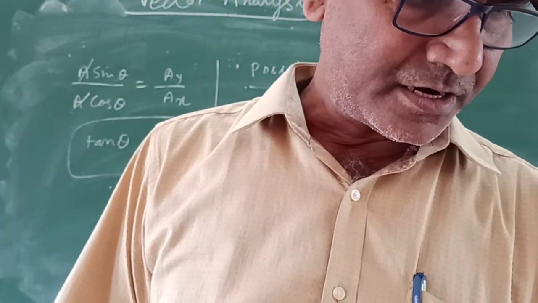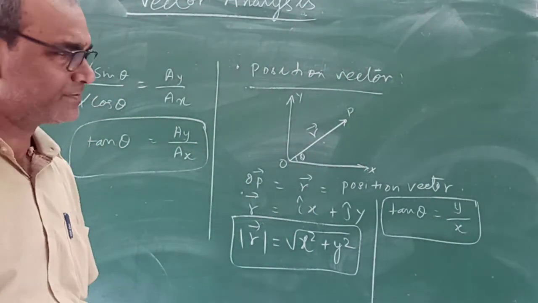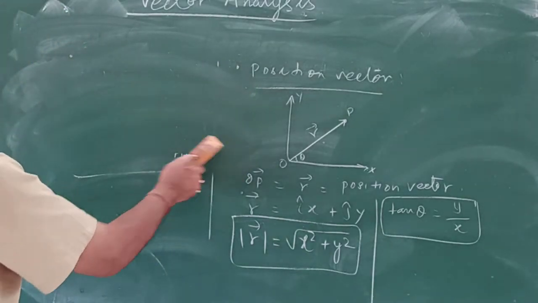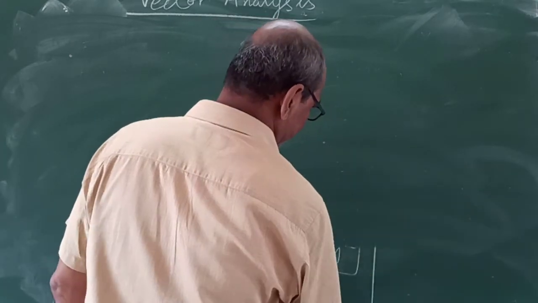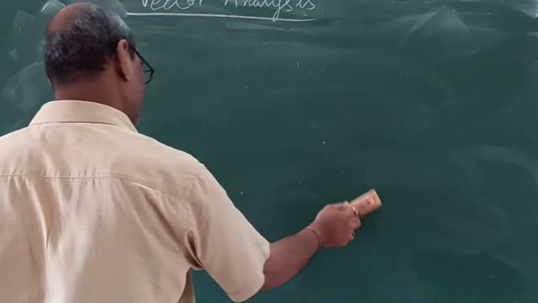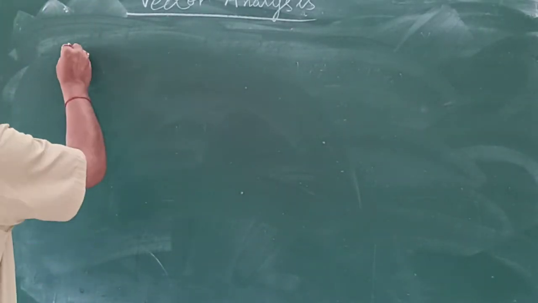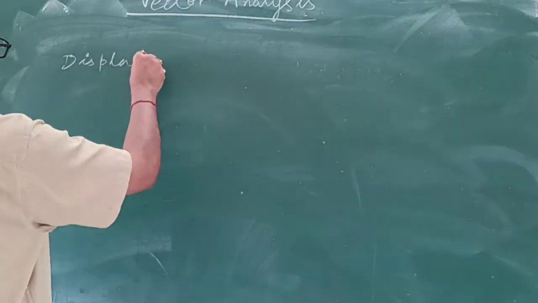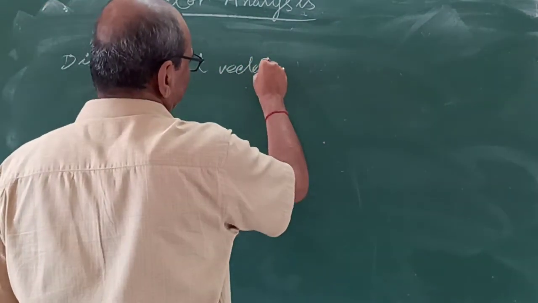Is it clear? Now how can we write the displacement vector in component form? All of you know the displacement from one point to another point in a small interval of time.